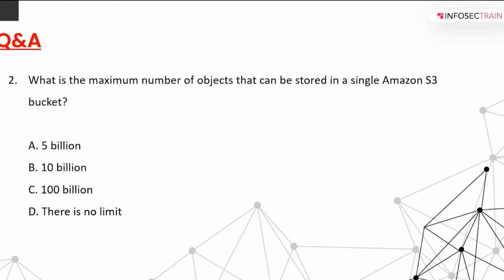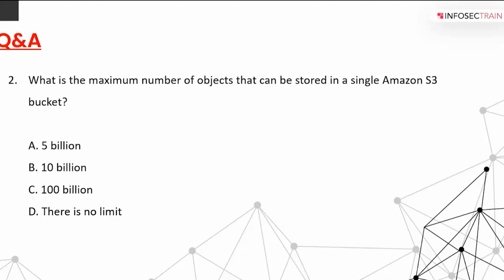So guys, this is the next question. What is the maximum number of objects that can be stored in a single Amazon S3 bucket? Number of objects it is asking, not the size of them. Everybody is right.